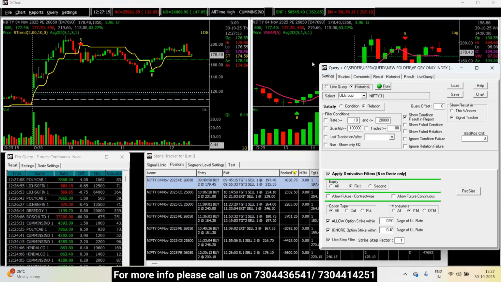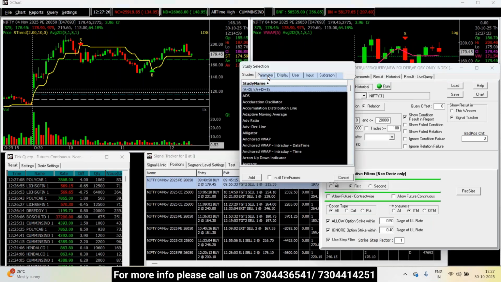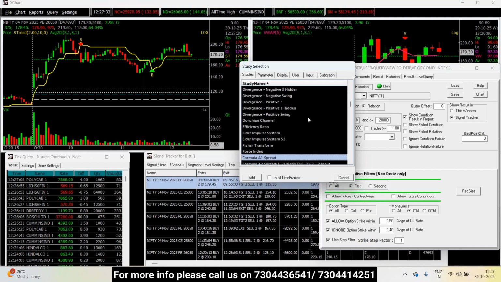So not only Supertrend and the VWAP, we have multiple indicators. All the inbuilt indicators, from average to the PSAR and Ichimoku, whatever indicators you name, we have inbuilt in the software.